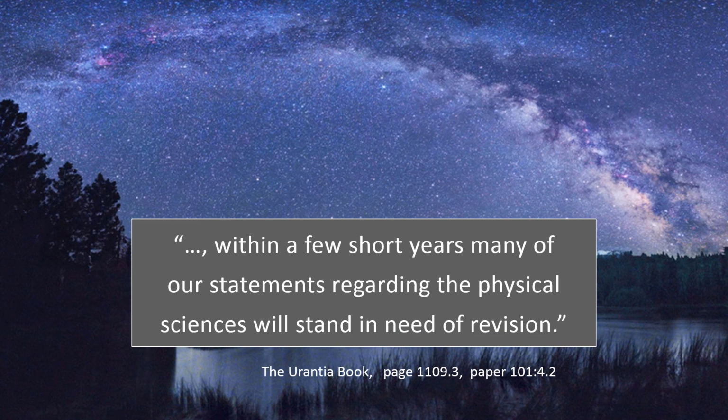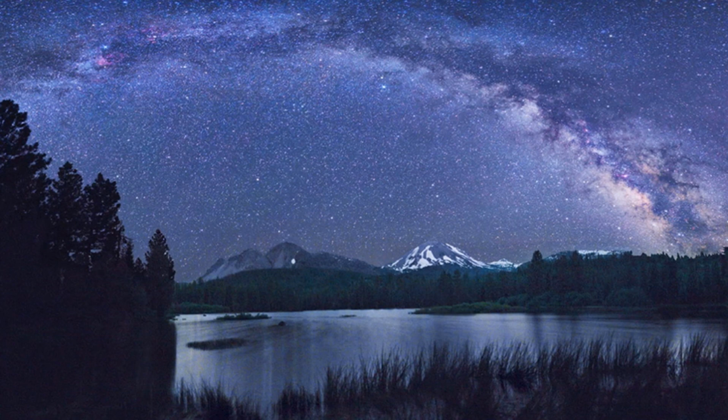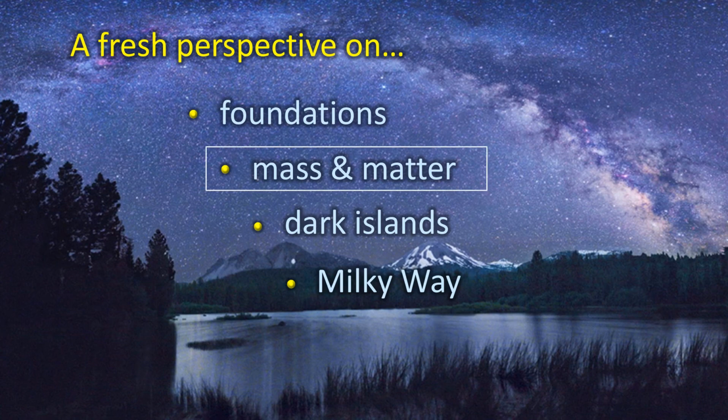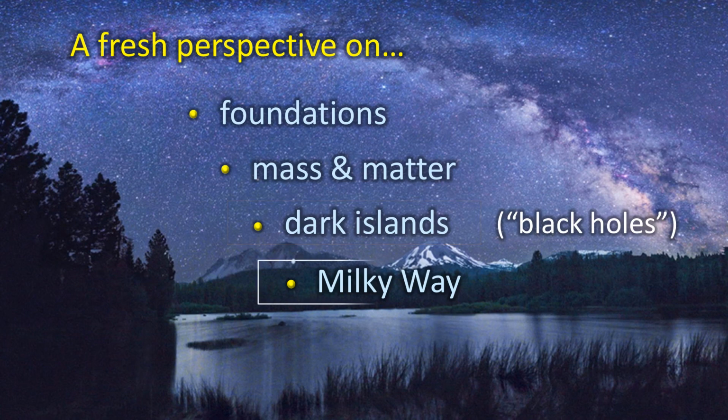With regard to the nature of mass and matter, and expressed in modern terms, this, or something like it, is that story. And quite a tale it turns out to be. So much for mass and matter. Let's now think what all this means for dark islands, those so-called black holes in space, and for the Milky Way. First, dark islands.